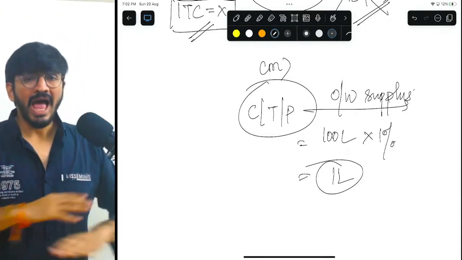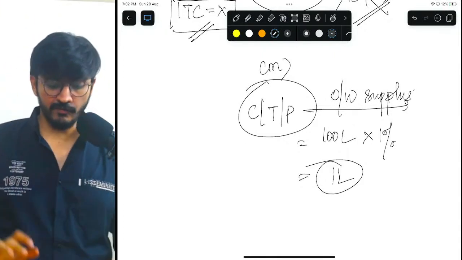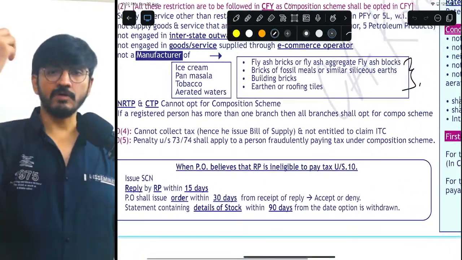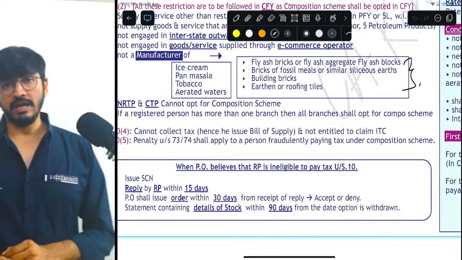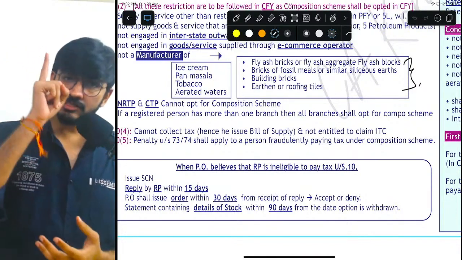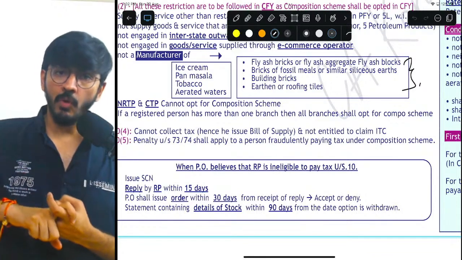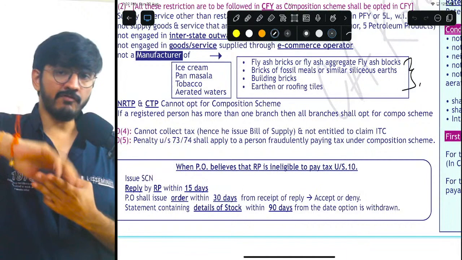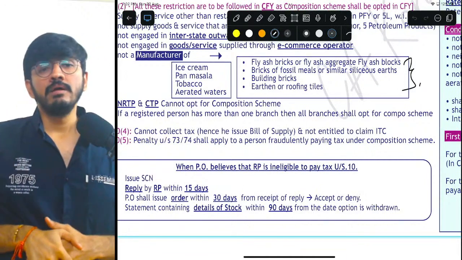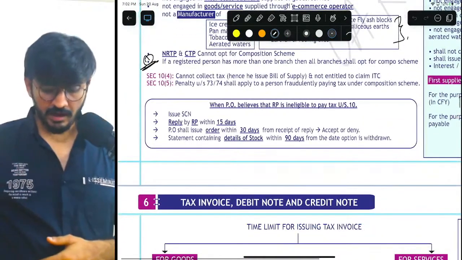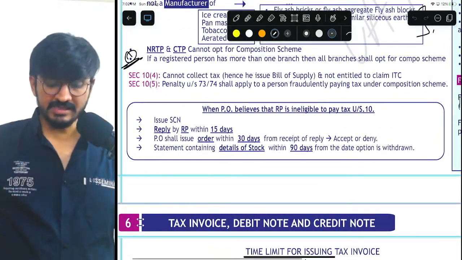There is absolutely no hassle in computation of GST because there is no concept of ITC, and there are no classification issues because there is just one standard rate applicable to all manufacturers, all traders, and 5% for all restaurants. Is that very clear? Yes.